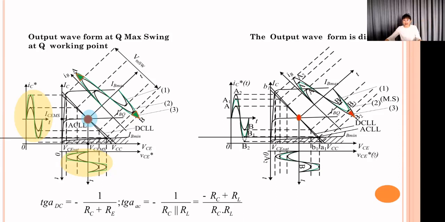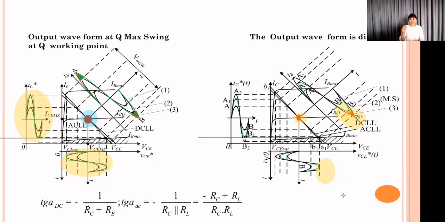And you can see here in the right graphic, this is a Q point not in the middle of the DC load line. That's why the distortion may be only on one side, one half. And you can see this distortion here and similar.